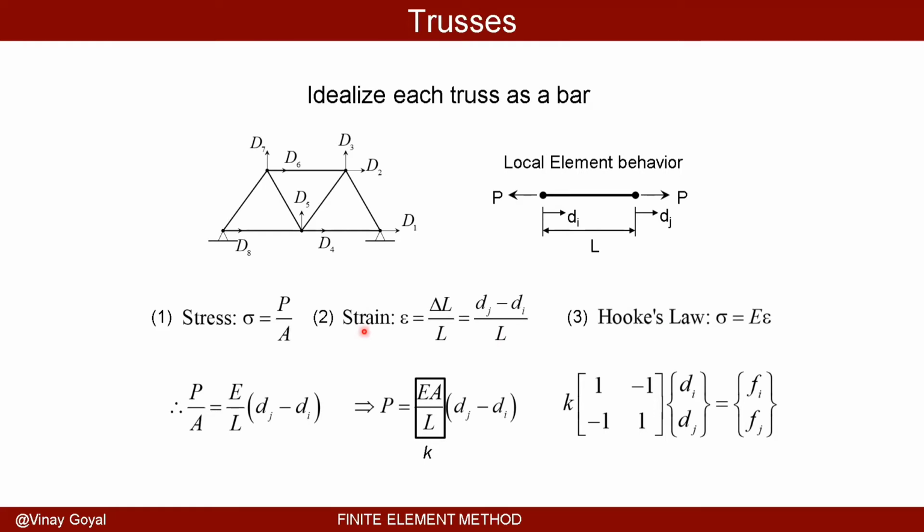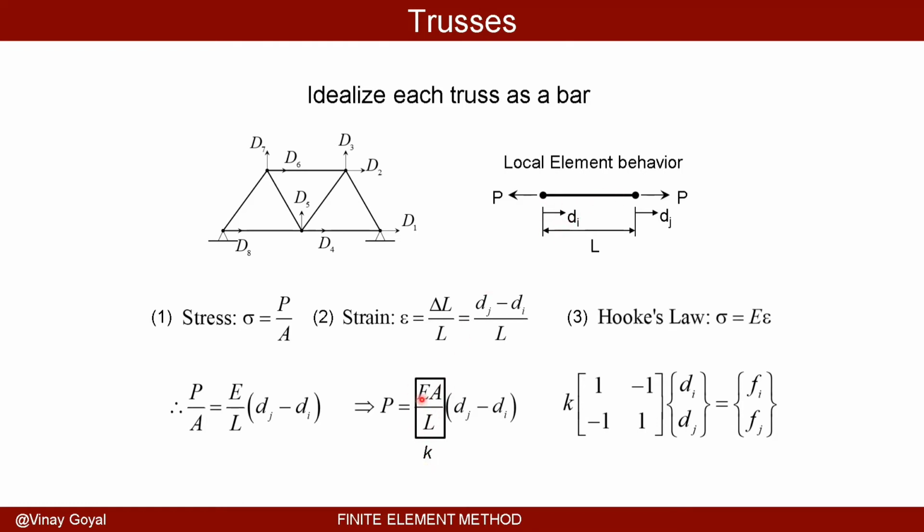When I plug P over A on the left side, and this equation on the right-hand side, I get this formula, and I can now solve for P. When I solve for P, I get EA over L times dj minus di. I'm going to call this K, the stiffness K. So that's the stiffness of this bar.